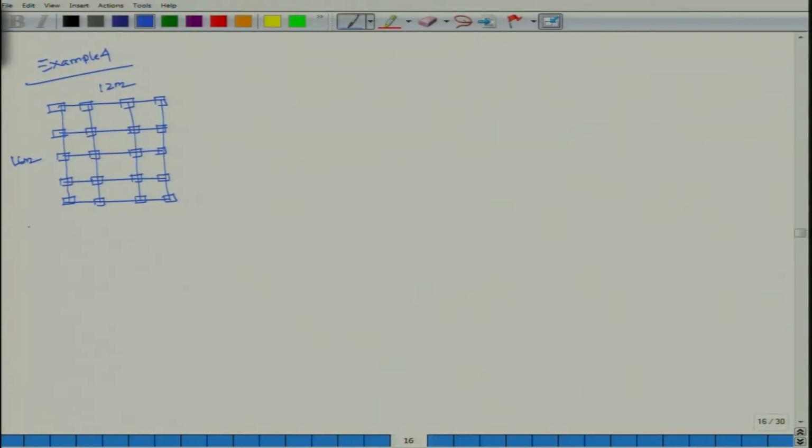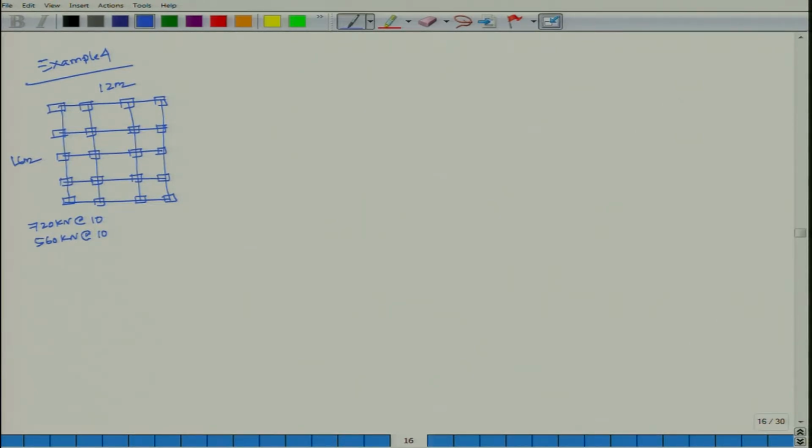total load coming in: 720 kilonewton on 10 columns, and another 10 columns. If you look at 1, 2, 3, 4, then 5 rows, so there are 20 columns. So, here it is 720 on 10 columns, then 560 kilonewton on 10 columns.